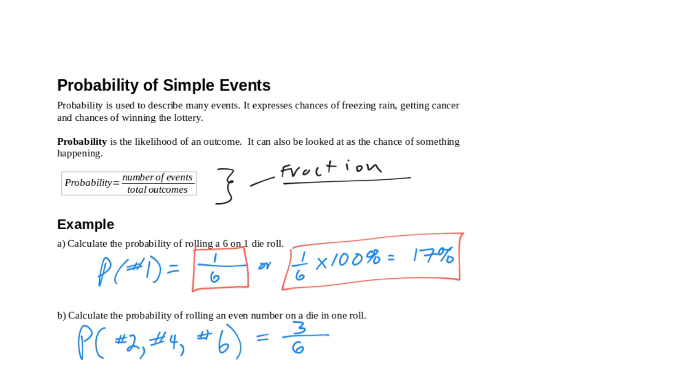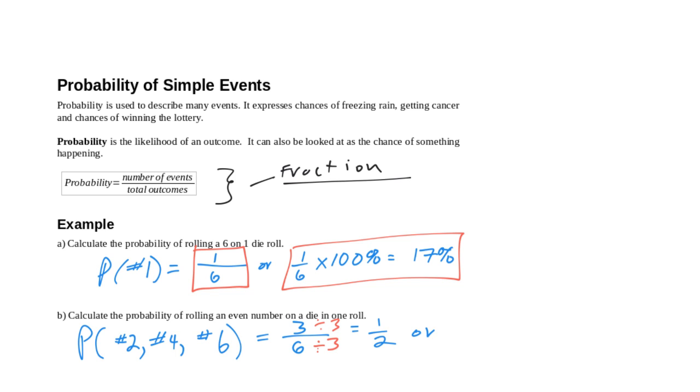Now you'll notice that the probability of 3 in 6 is not in lowest form. So we can divide both the top and the bottom by 3, because the top and the bottom can both be divided by 3, which gives us a final answer of 1/2.